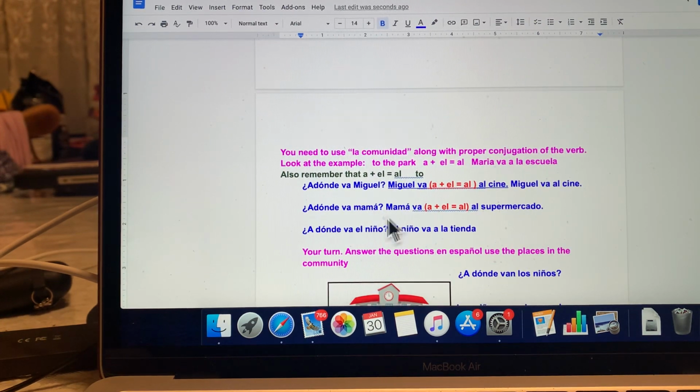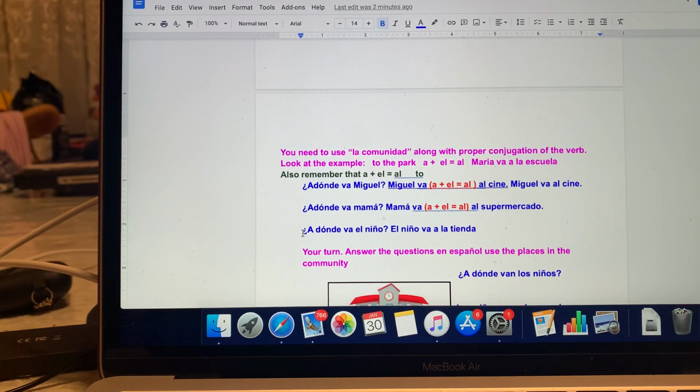Now let's work it out with the feminine article in the singular. ¿A dónde va el niño? El niño va a, here's your preposition, here goes your article, la tienda.